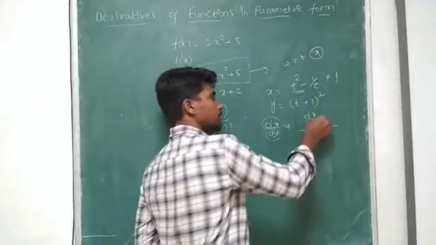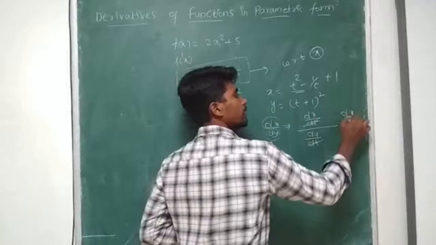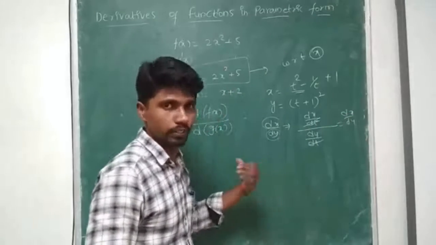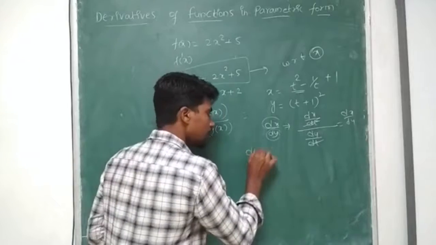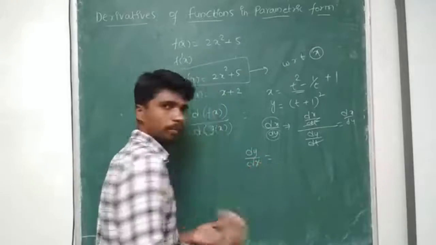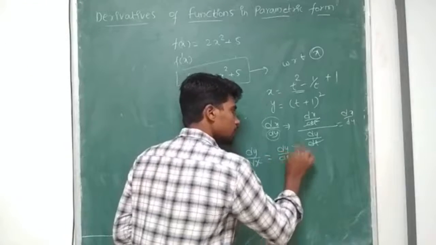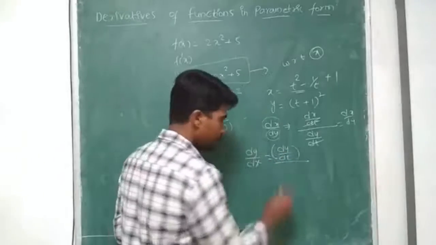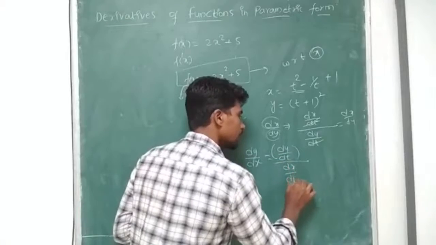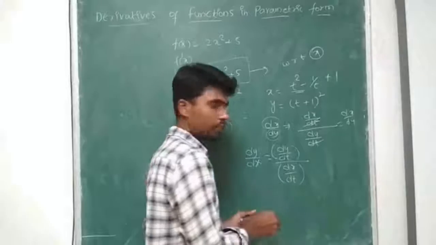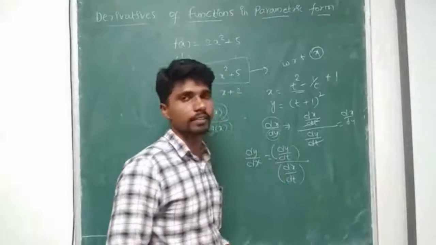Then dt gets cancelled and we get dx by dy. We are familiar with dy by dx now. dy by dx can be written as differentiation of y with respect to t by differentiation of x with respect to t. We cancel these two and we get dy by dx.